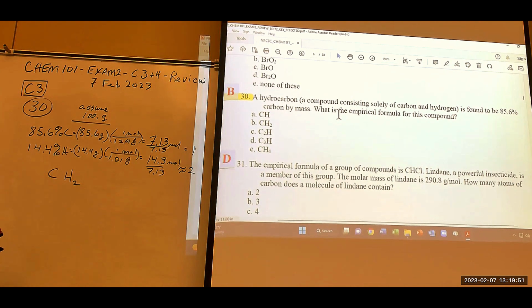If we were going to the molecular formula, what would I need? I need the molar mass determined by some independent method. I'd have to know the molar mass of that compound in order to make the jump from here to the molecular formula. But we're not given that data, so I'm stuck.